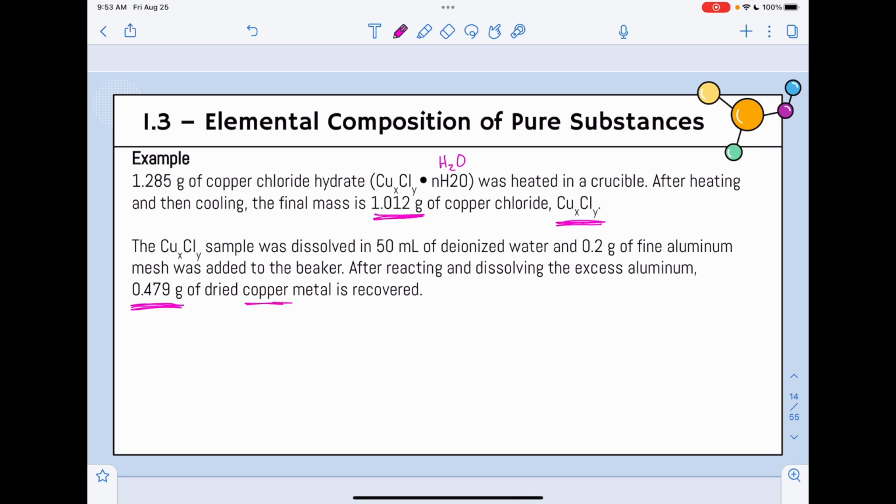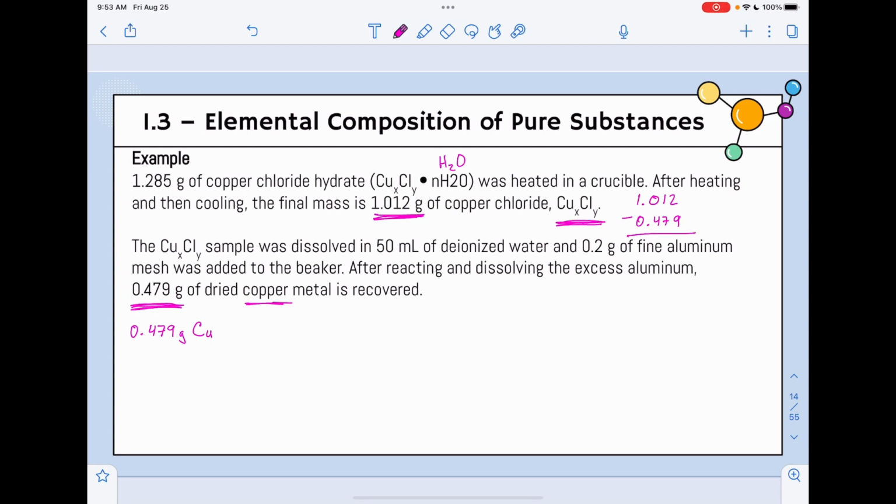Okay, so I've got 0.479 grams of copper. If I want to know how much chlorine I have, I am going to take my copper chloride mass and then subtract my copper mass. Law of conservation of mass, oops, that's supposed to be a 9.